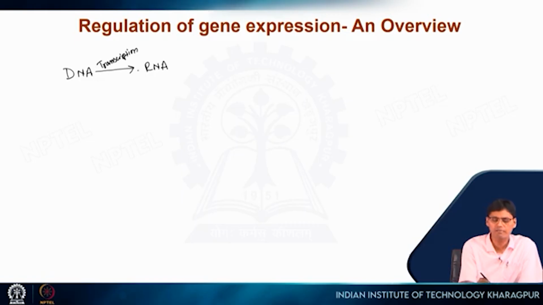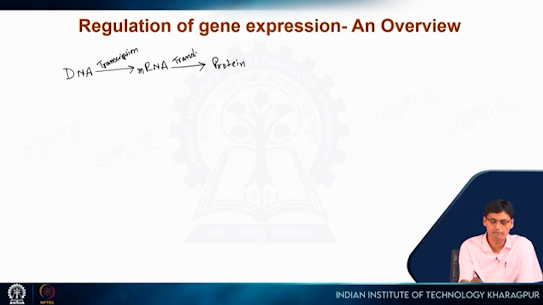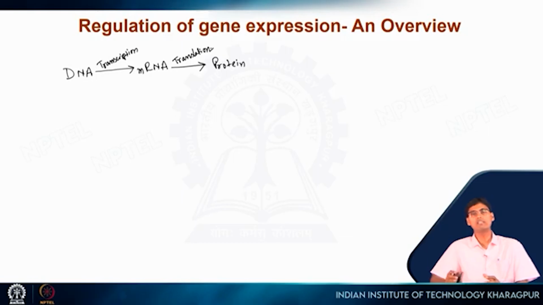Here I am writing messenger RNA in particular, because it is the direct template for translation, and it will make a product, that is our protein. This is translation. Now, major regulation is restricted to transcription and translation. If we can control the regulation of transcription and translation, then product formation will differ.